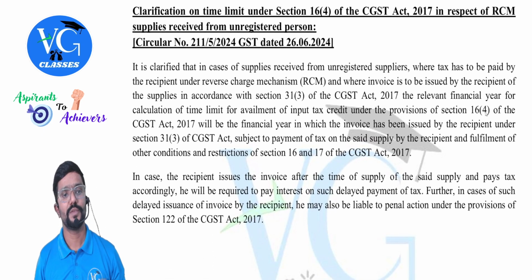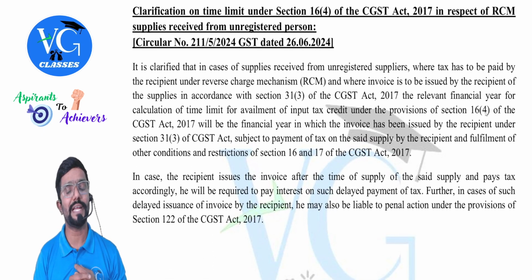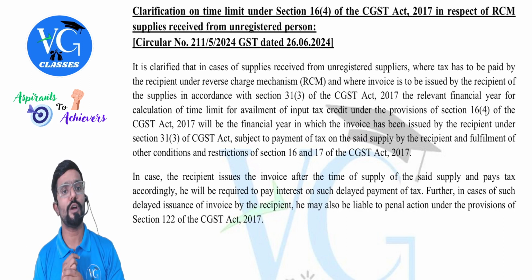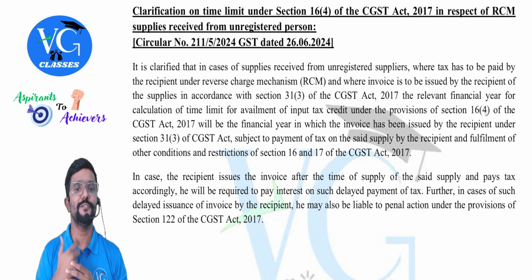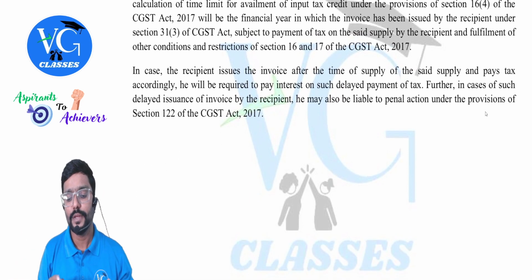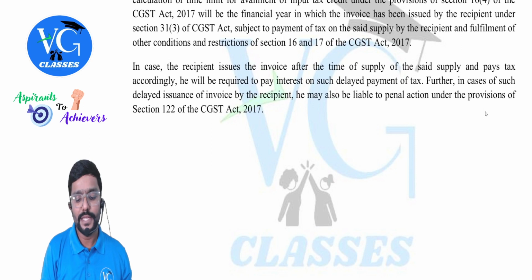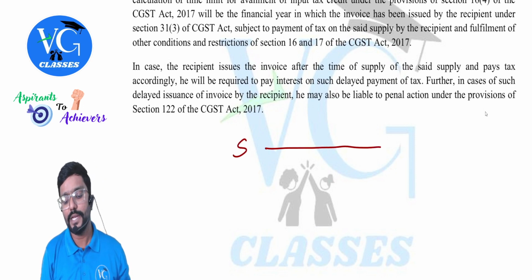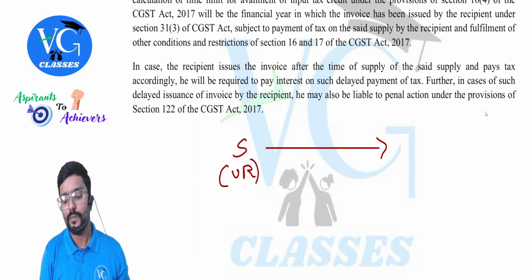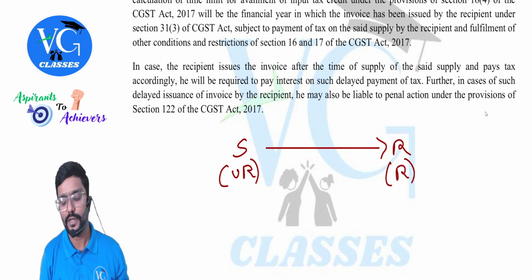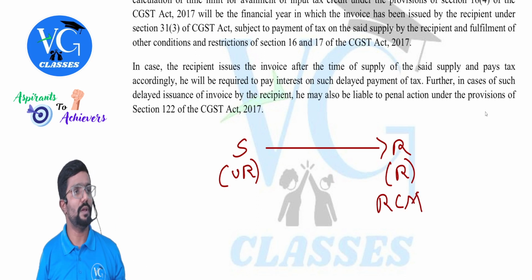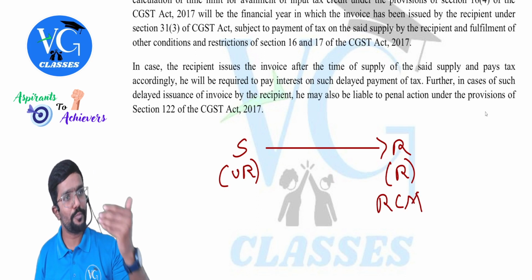Next clarification. Clarification on the time limit under section 16(4) of CGST Act 2017 in respect of RCM supplies received from unregistered person. Guys, what they're telling is, if the supplier is unregistered, and the recipient is registered and RCM is applicable, the recipient himself has to pay tax.